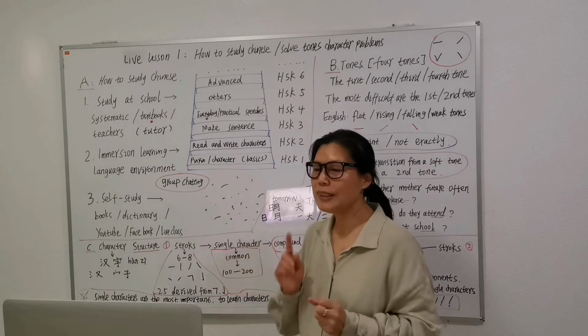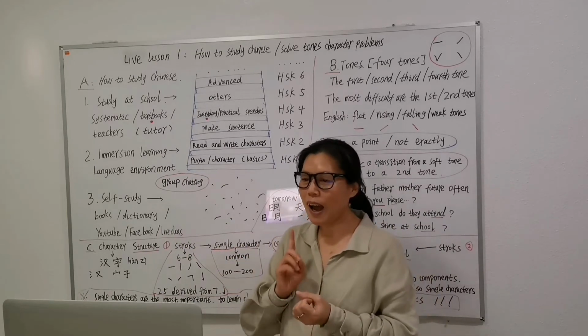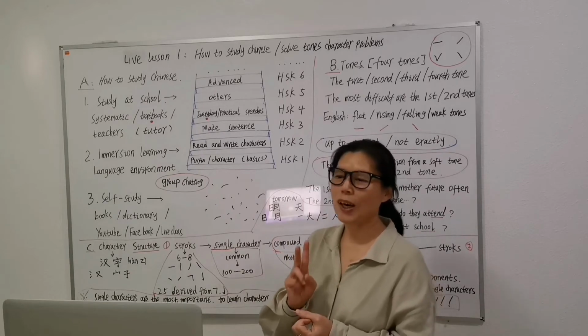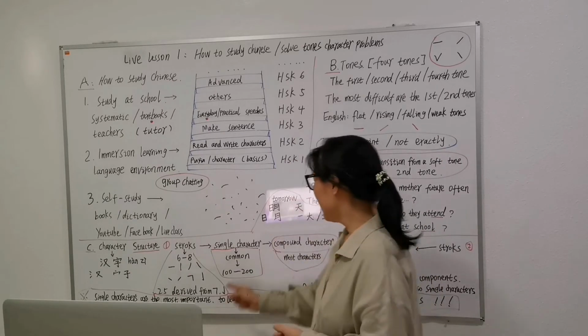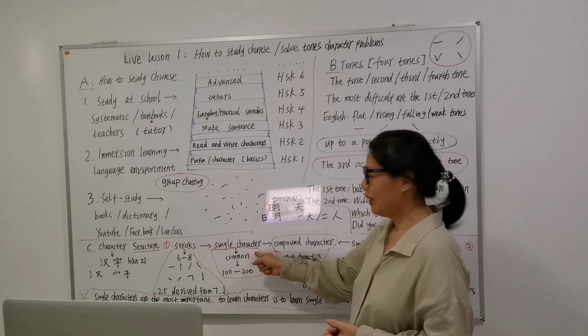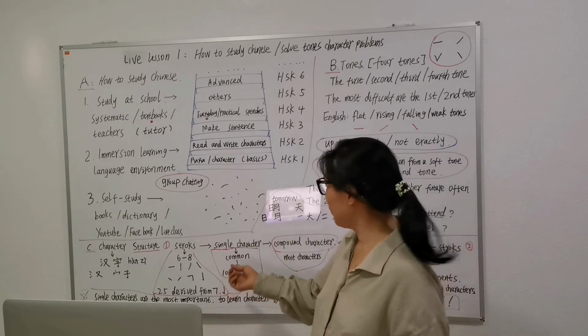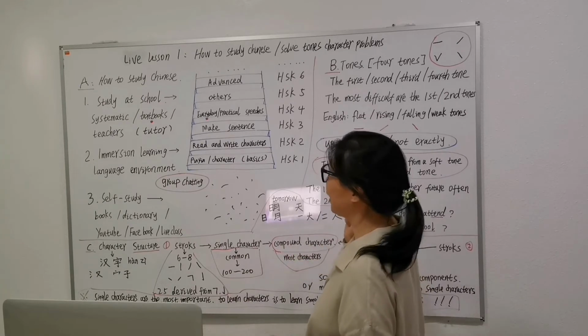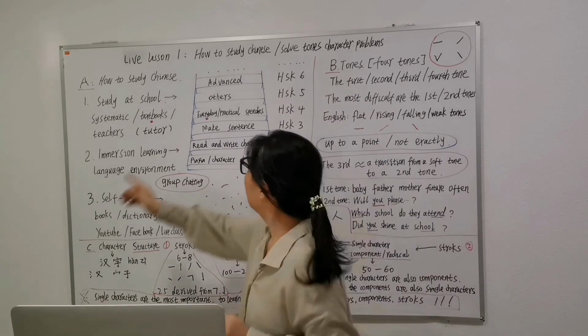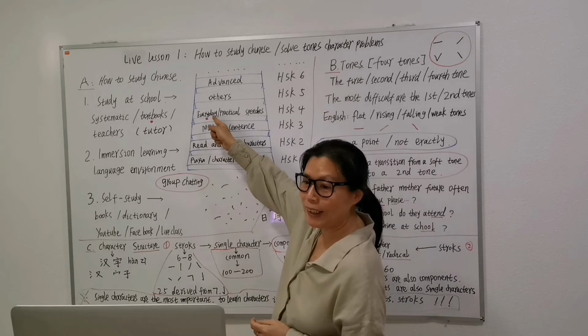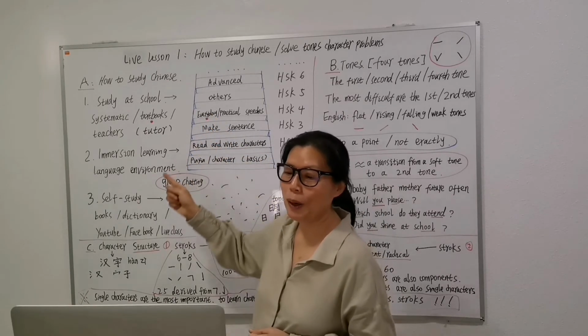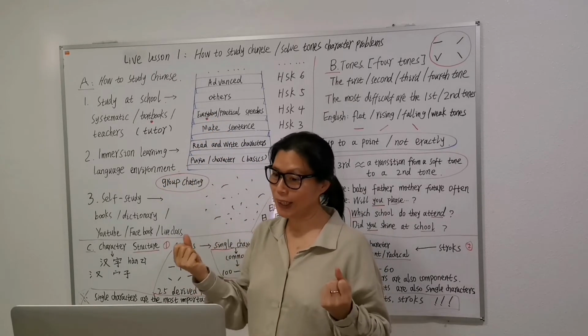First, in Chinese, there are two kinds of characters: single character and compound character. But what are single character and compound characters? Look at here. Every day is made up of every and day.